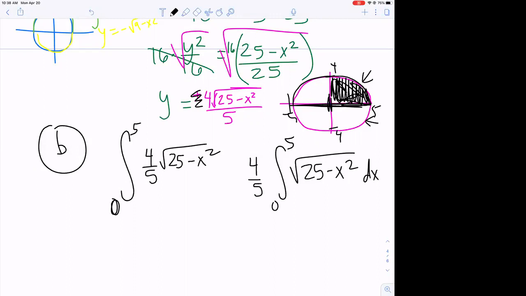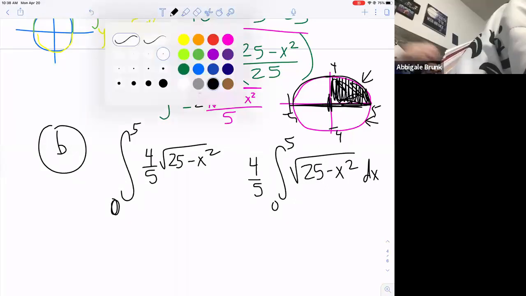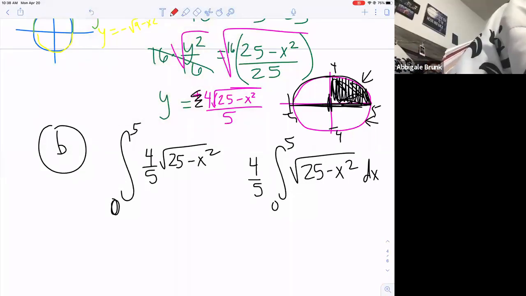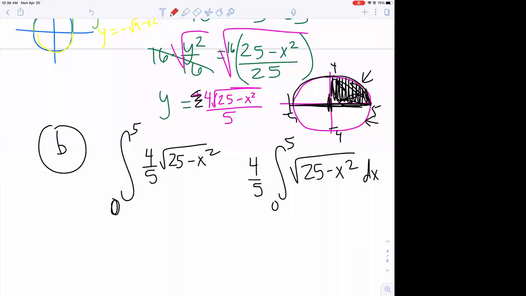This might be something we have to nInt, to be honest. This might also be an inverse trig one, which is really gross, but we don't need to do it by hand. So somebody just nInt this, and then we'll take it times 4/5, and then we'll quadruple it, so we'll take it times 4.